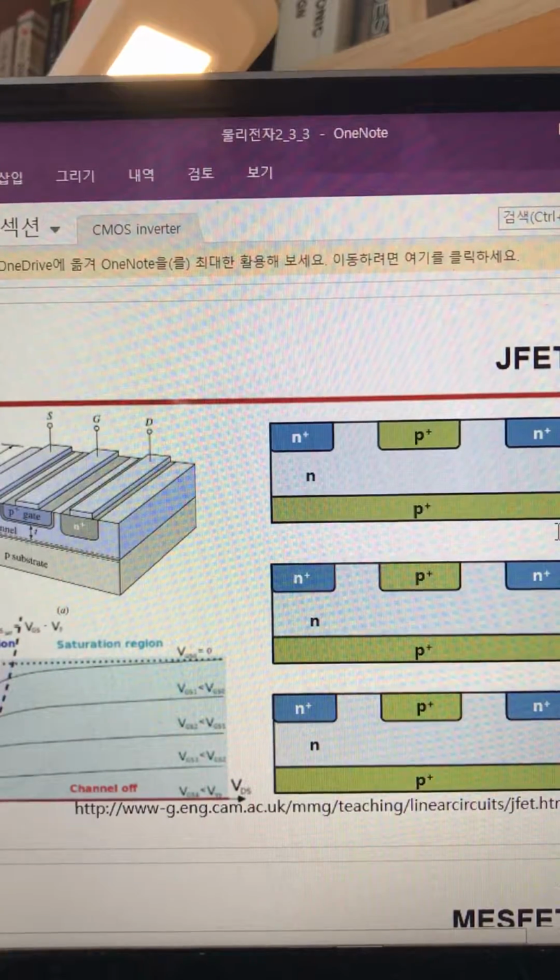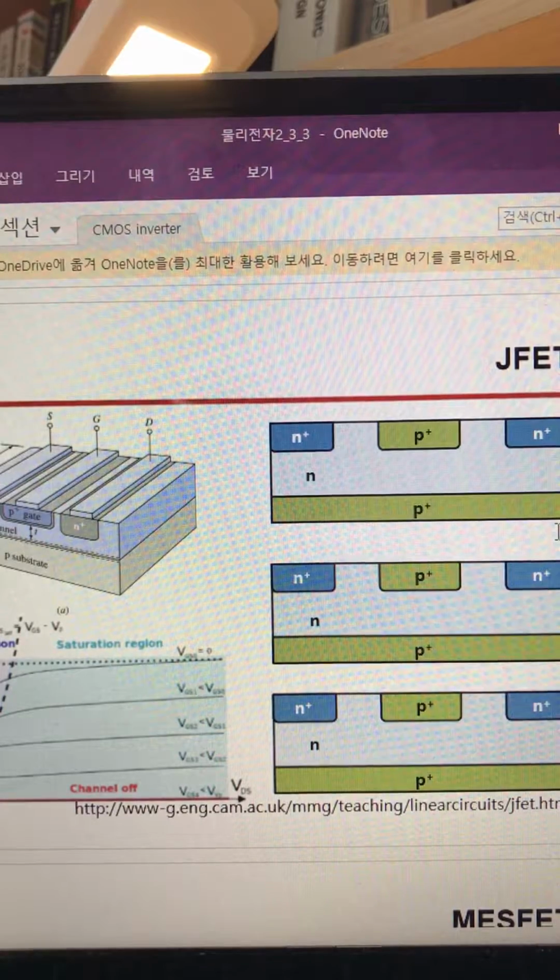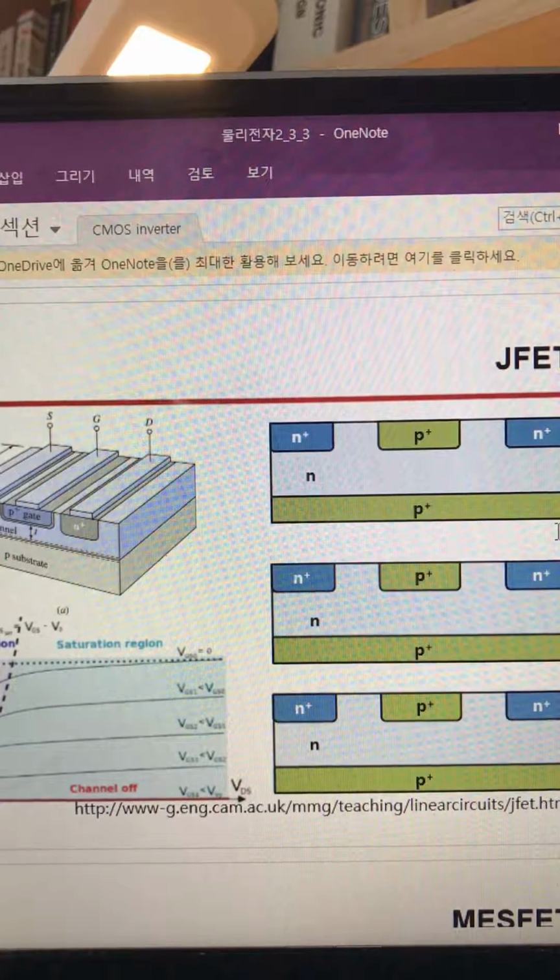Next, the JFET is called a junction FET. This is used when using a motor or LED and can be used in enhancement by adjusting the depletion.